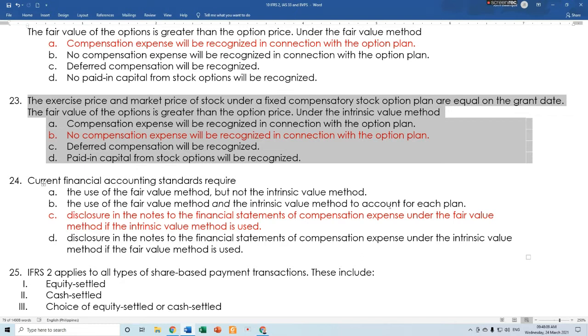So, the answer is letter B. No compensation expense will be recognized in connection with the option plan. Okay? Because primarily, sinabi doon, equal. Okay? So, walang difference. So, wala tayong ma-recognize na intrinsic value. Kasi walang difference yung grant date value at saka yung exercise price. So, in other words, walang difference.